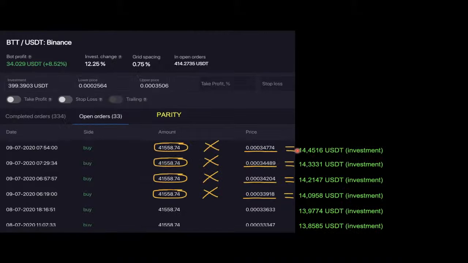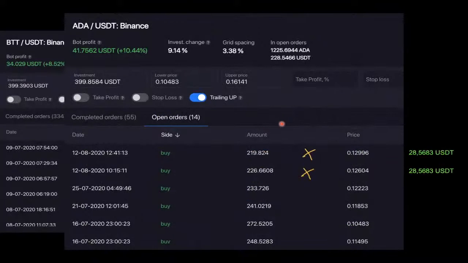So once again, with the Classic bot there is an equal distribution in the amount, whereas in the SBot the equal distribution is achieved in the investment value per each level. In some cases, depending on market conditions, and of course we cannot predict the future outcome with 100% certainty, we don't know at the time of launching the bot which strategy will bring more or less returns for you.